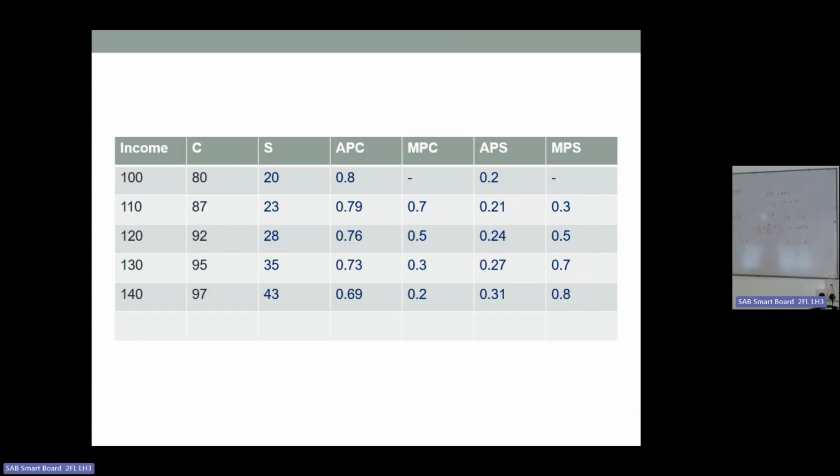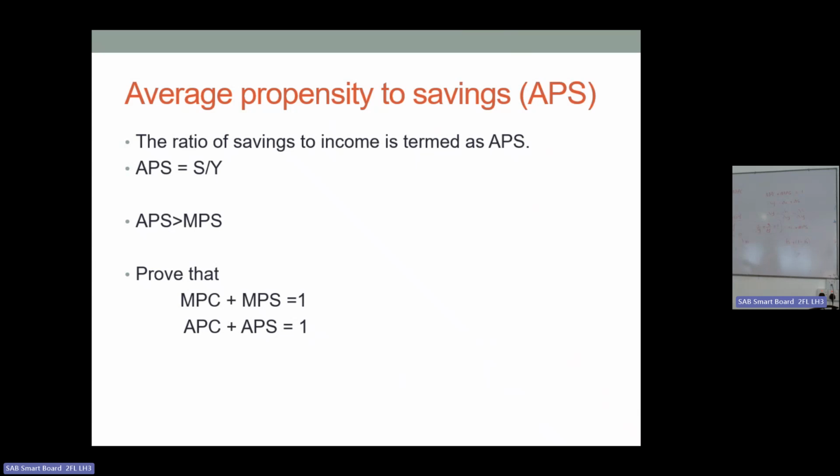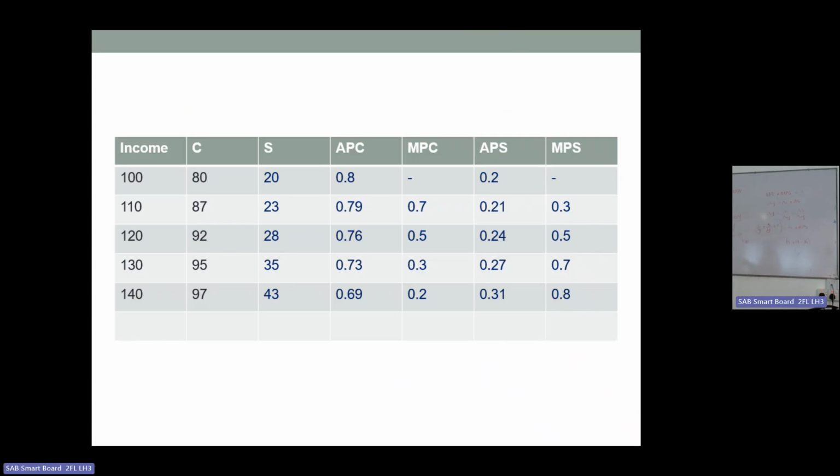Now, if you look at this table, we are given some income levels, and if we know the consumption function, we can identify the consumption. If you know the consumption, we can derive the savings: income minus consumption, for example 100 minus 3.